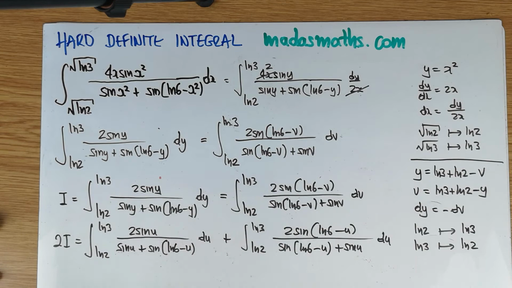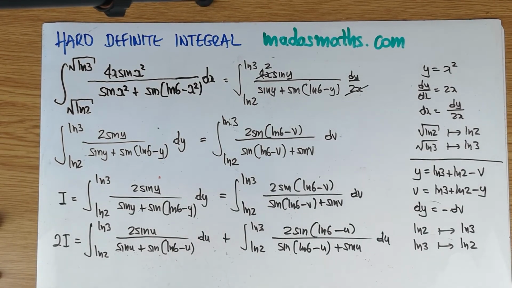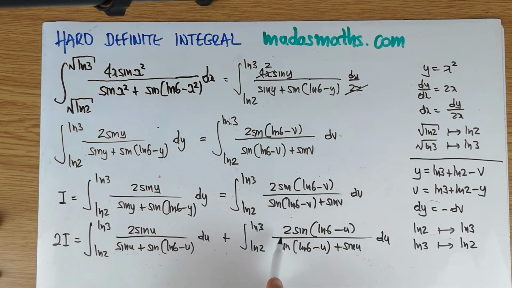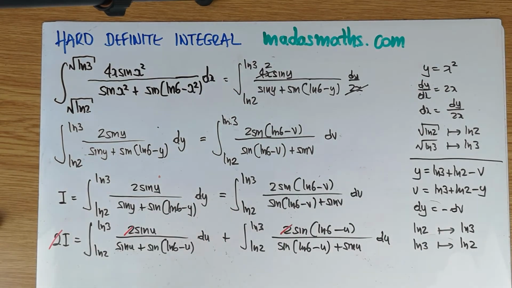So that plus that, which I chose to write in u for simplicity, is 2 lots of I. What happens next? Well, 2I, first of all, we have a 2, we have a 2, we have a 2. Let's lose these 2. I don't want to be carrying this stupid thing. It's gone.